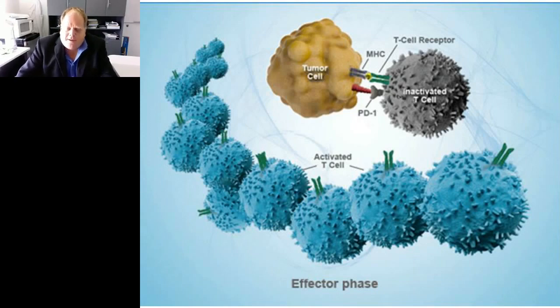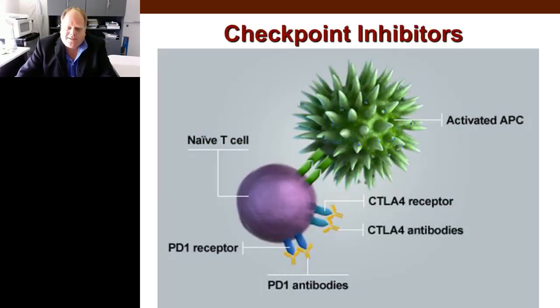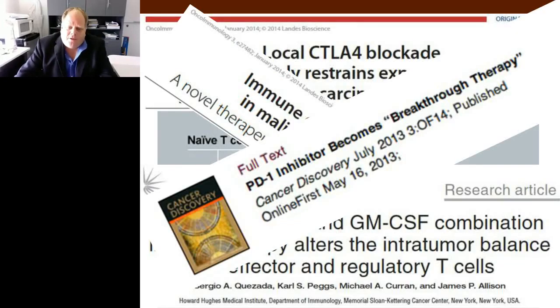So people have been looking at this with some success by deriving antibodies, humanized antibodies, against CTLA-4 and PD-1, inhibiting these reactions and eliciting an immune response. And they've been doing this with some success, specifically in melanoma.